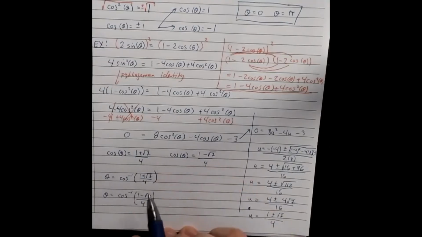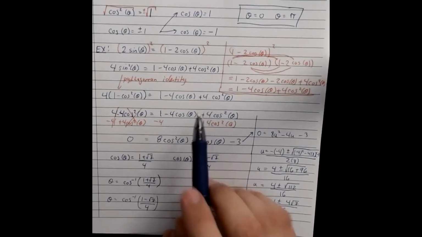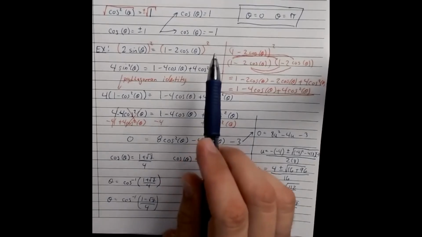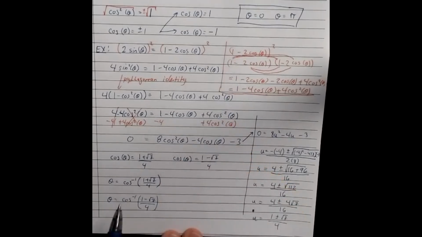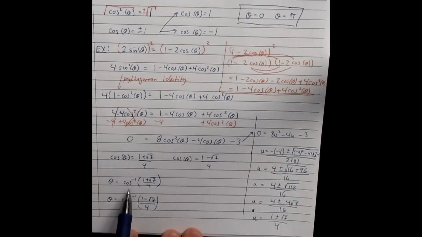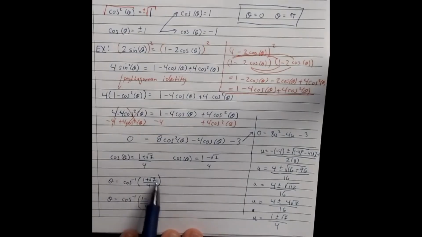And finally, don't forget, here we didn't have any restriction on what our solutions could be. We didn't say anything about, oh, between 0 and pi or anything like that. Here we just said we want any solutions. So the period of the cosine function is 2 pi, which means if this is a solution, then any time I add 2 pi to this, it'll also be a solution. And same thing here.